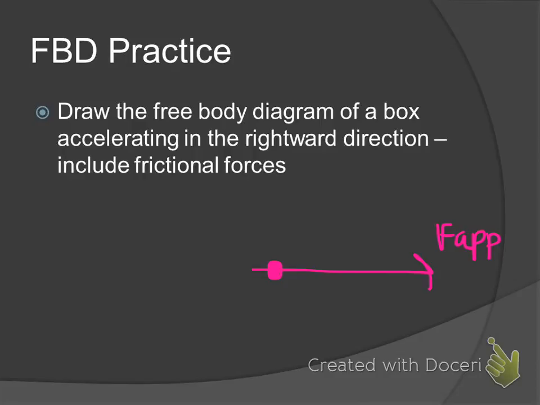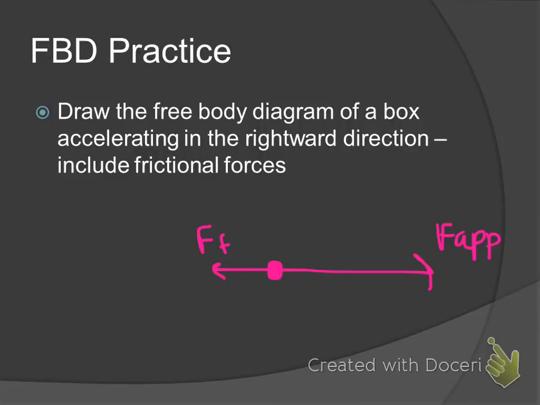The applied force is greater than. So we don't necessarily know the scale, but we know that our applied force needs to be greater than our frictional force. If they were equal to each other, we would be moving at constant velocity, or we wouldn't be moving at all. We wouldn't have any acceleration. So there are a couple of different situations we could be looking at there.